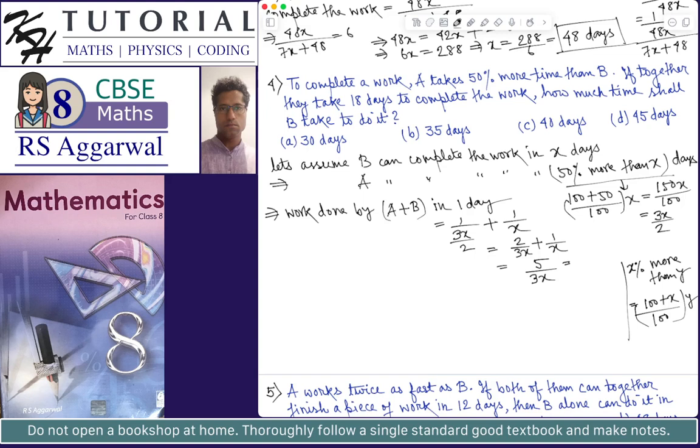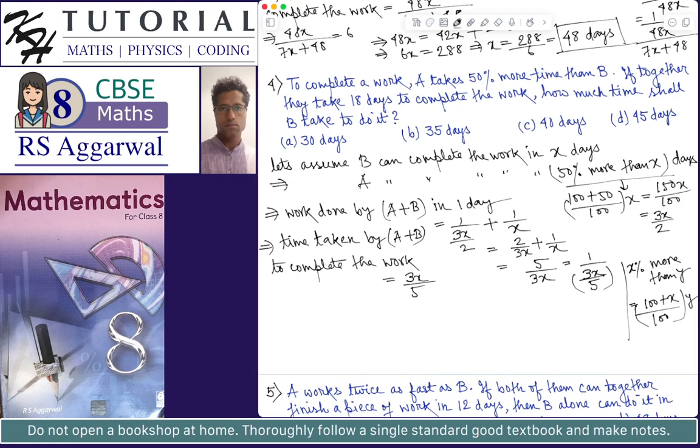This can be written as 1 by 3x by 5. So this implies that the time taken by A plus B to complete the work will be equal to 3x by 5.